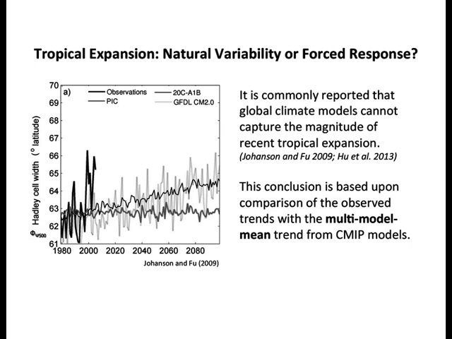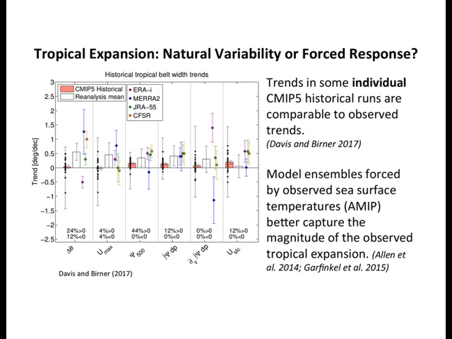So I can go back to another figure from Nick's paper from earlier this year. This is a somewhat confusing figure, but for now just focus on these black dots, which are different trends in the edges of the tropics over the historical period from global climate models. And then these colored dots over here are from reanalysis products.